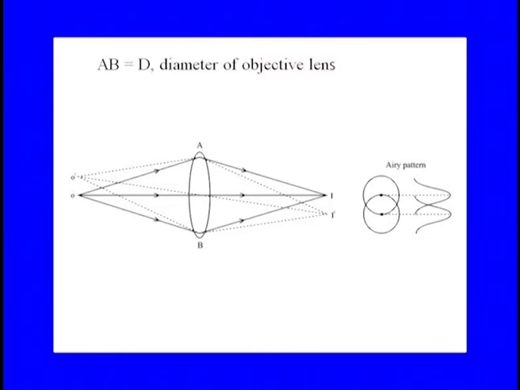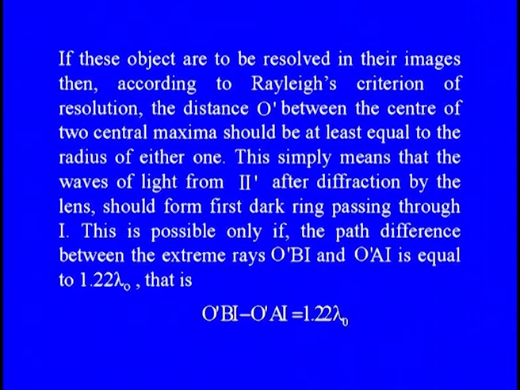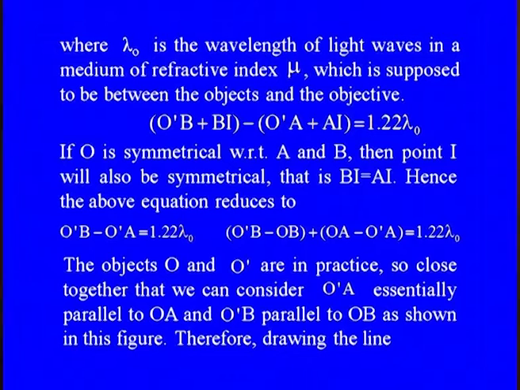This simply means that the waves of light from O prime after diffraction by the lens should form the first dark ring passing through I. This is possible only if the path difference between the extreme rays O prime B I and O prime A I is equal to 1.22 lambda, that is, O prime BI minus O prime AI is equal to 1.22 lambda, where lambda is the wavelength of light waves in a medium of refractive index mu, which is supposed to be between the objects and the objective.